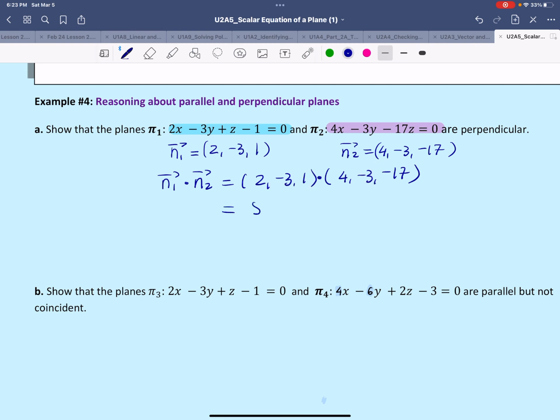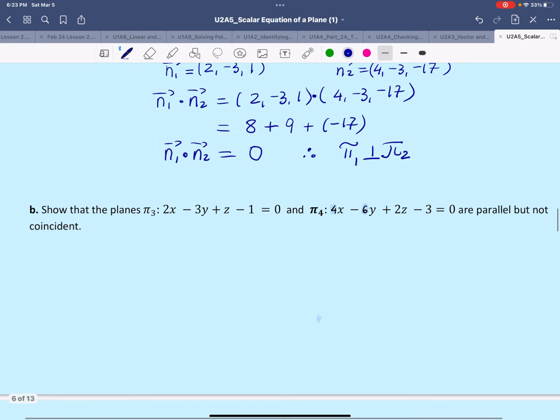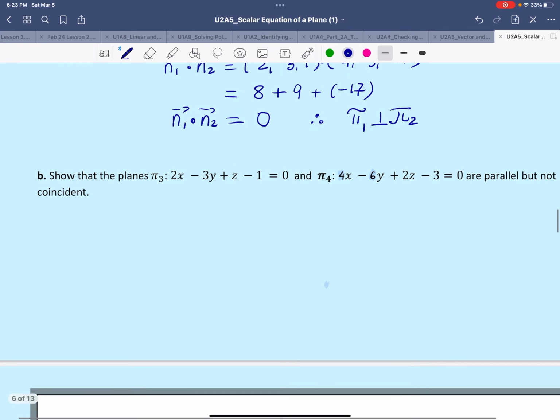We have 2 times 4, 8. -3 times -3 is 9. 1 times -17, -17. 8 plus 9 minus 17 is 0. So therefore, we'll say that n1 dot n2 equals 0, which tells us that the plane pi 1 is perpendicular to plane pi 2.